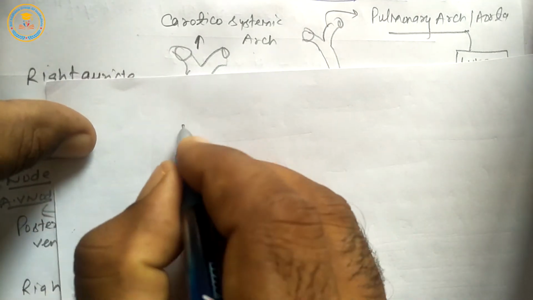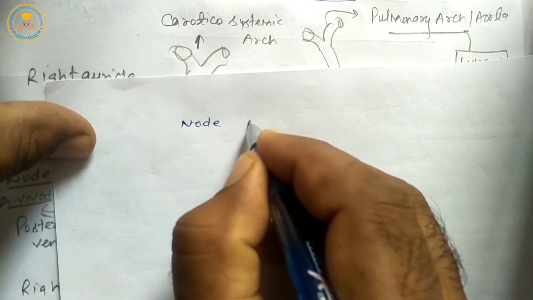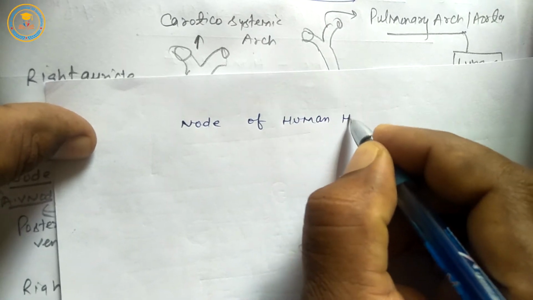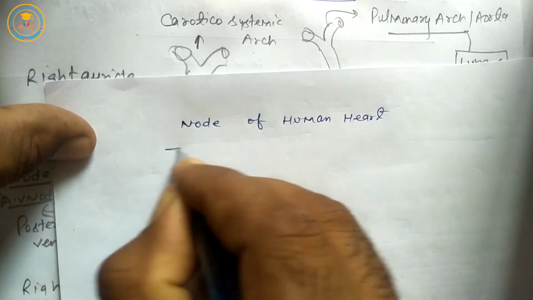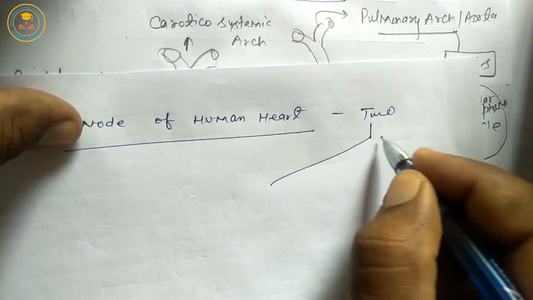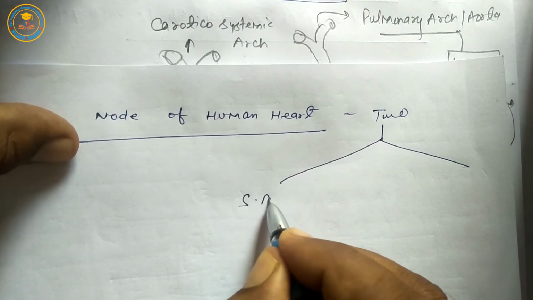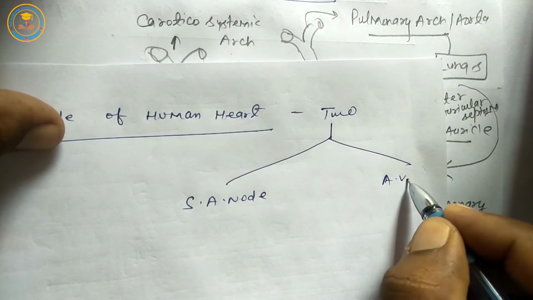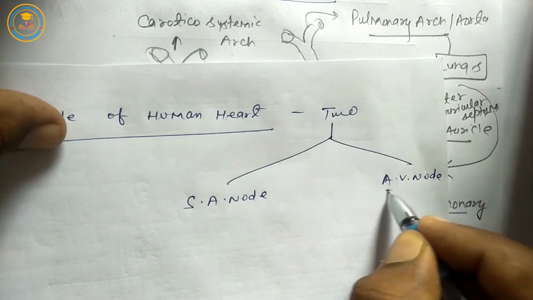Next, the nodes of the human heart are 2. First is SA node, second is AV node.